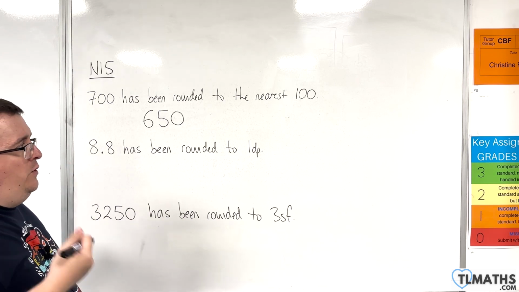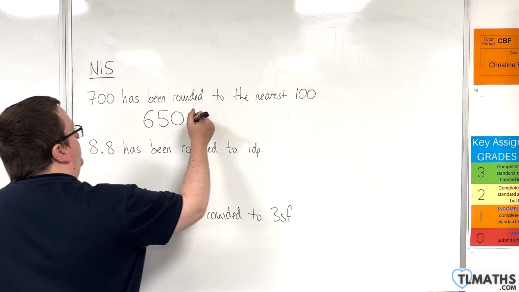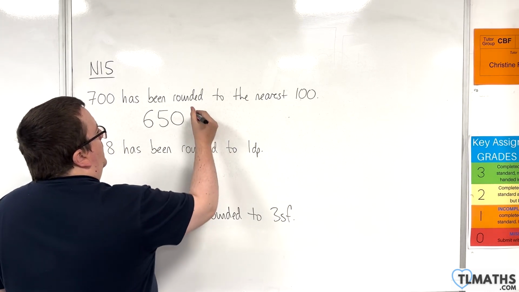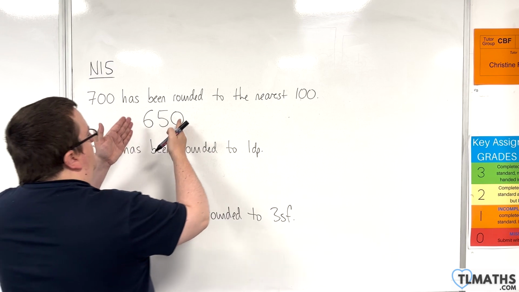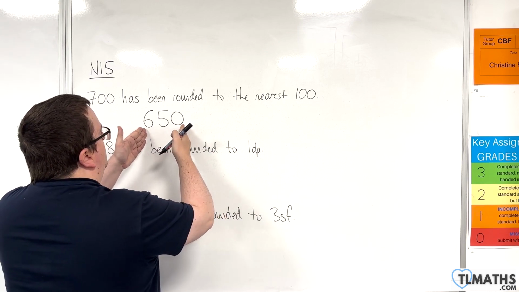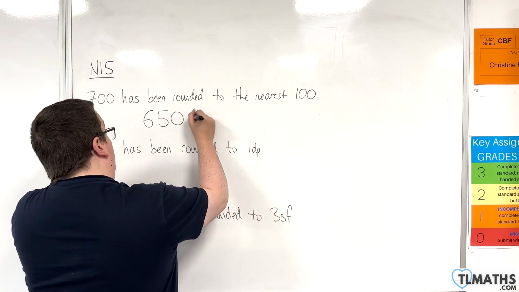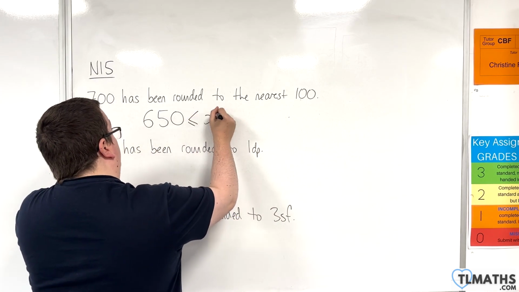Now, the way that we write our answer is as an inequality. So essentially, I'm going to have my smallest number here, and I'm going to have my largest number here, and in the middle, this is what I write.